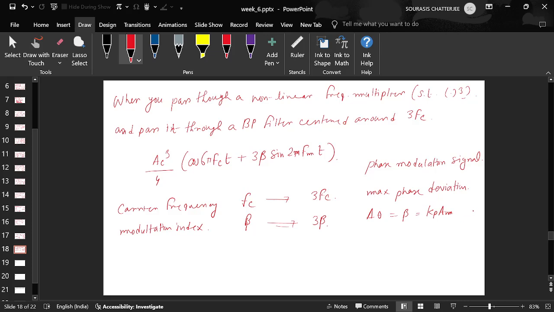Am is the amplitude of the message signal, whereas your maximum frequency deviation del f is given as beta times fm, that is kp Am fm.